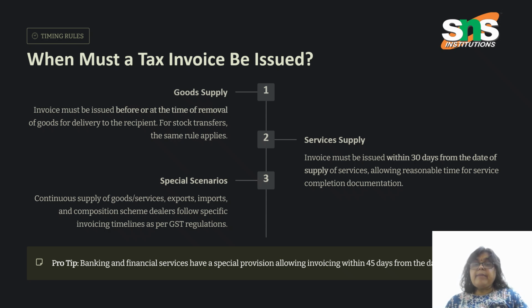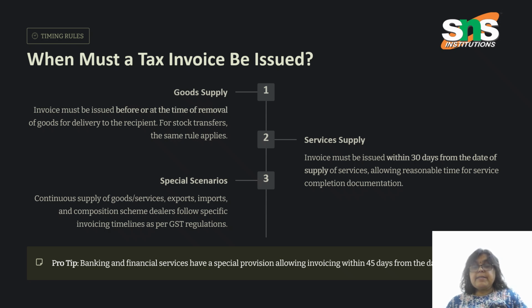After complete payment, a properly structured invoice will be prepared and given to the suppliers, even to the customers. After completion of a service, within 30 days, the invoice should be given to the people.